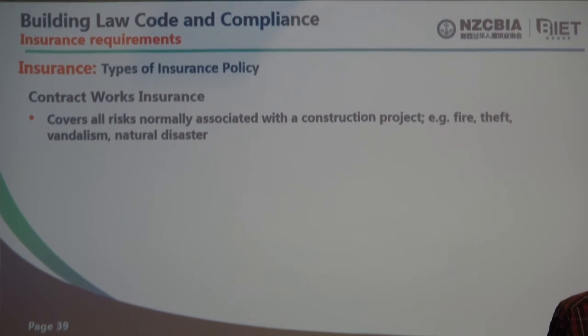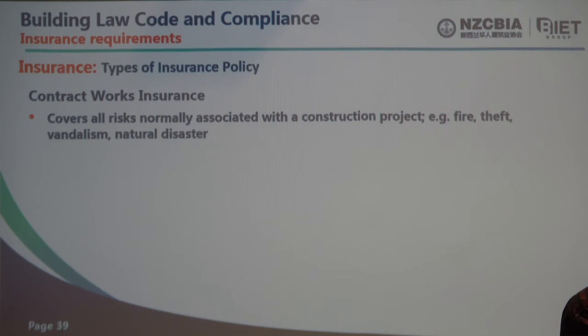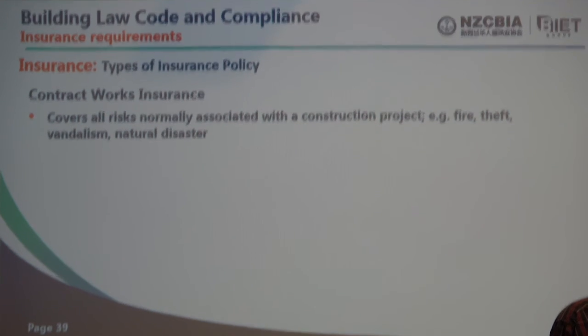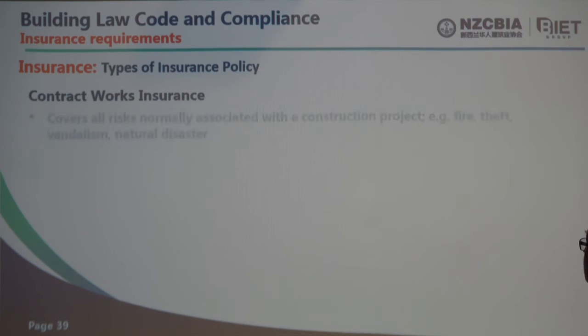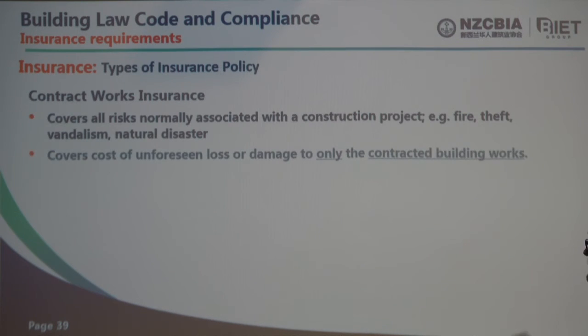That's third-party insurance. That's public liability insurance, because that's not part of the contract that we have. You just happen to be the owner, but it's not part of the contract. It's a third party. You become a third party to that accident. Oops. So, contract works covers unforeseen loss or damage only to the contracted building work.